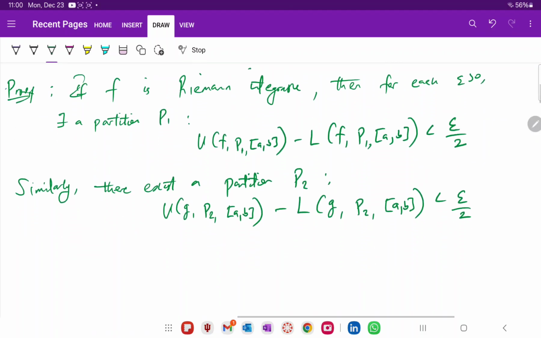All right, so note the properties of supremum and infimum.